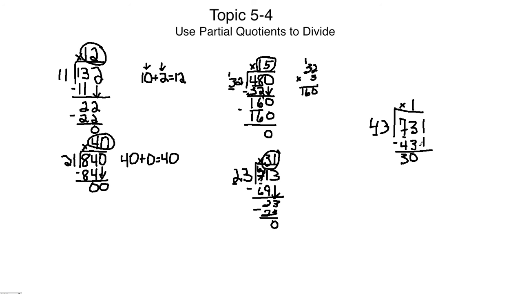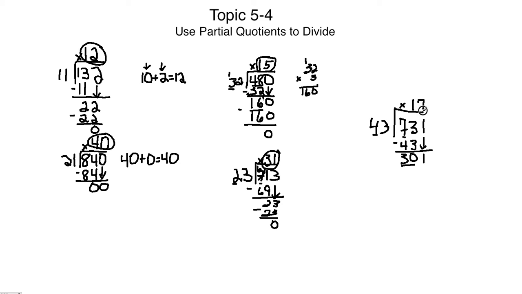So let's bring down the 1. Right there. Now ask yourself, how many times can 43 go into 301? But the shortcut is you say, how many times can 4 go into 30 without going over? And the answer is, 8 times 4 is 32, so that's too big.